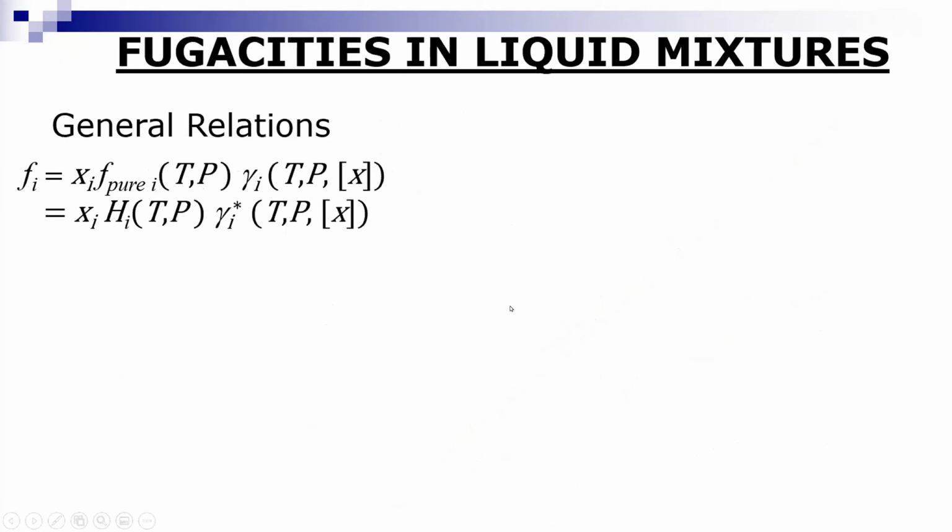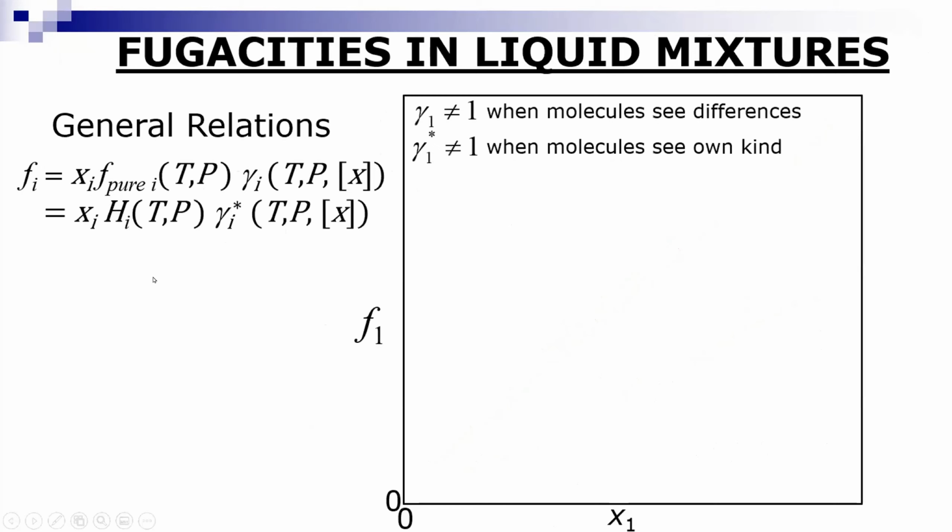Now let's go to liquid mixtures. There are two ways in which we can deal with this. One is mole fraction times the pure fugacity, which we'll talk about, and an activity coefficient. Or it could be mole fraction times the Henry's constant times an activity coefficient. And I use a star because this is to be distinguished, because these quantities are going to be different.